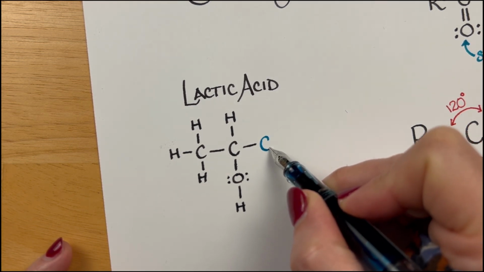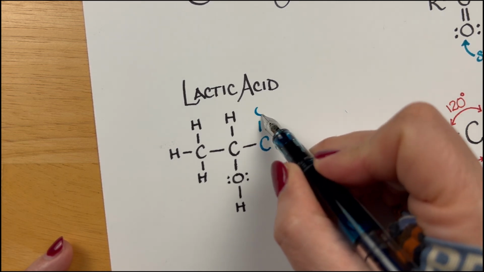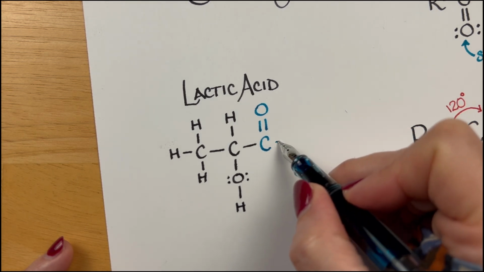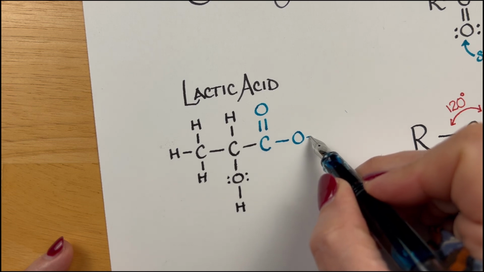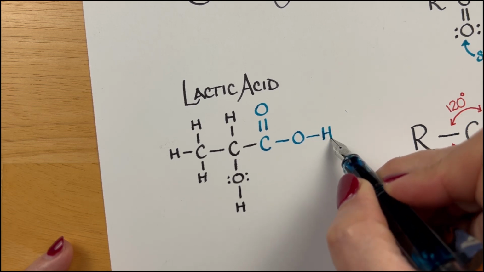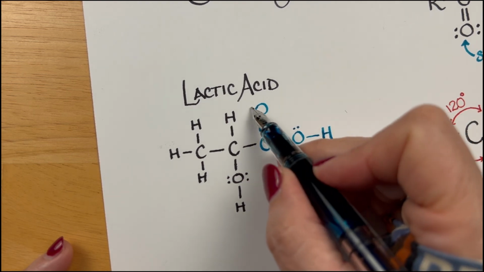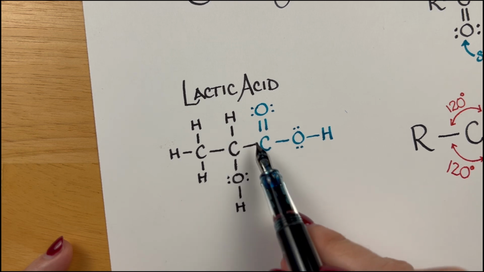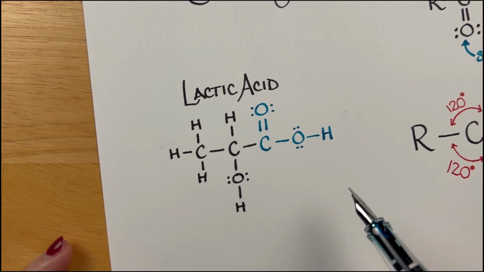Alright, so here's our carbon that's double bonded to the oxygen and single bonded to this OH group. I'll put the lone pairs in here. Okay. So here you can see there's our carboxylic acid.